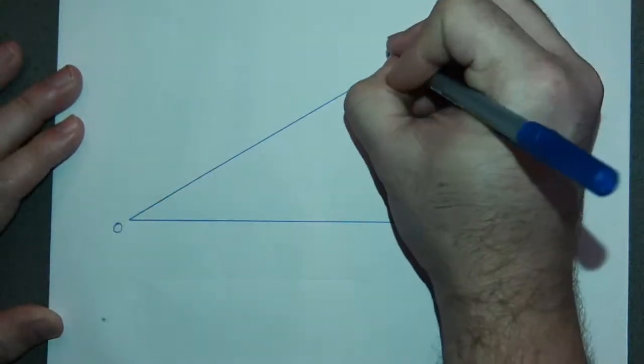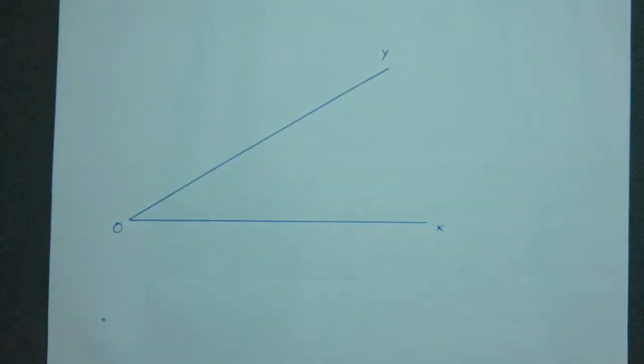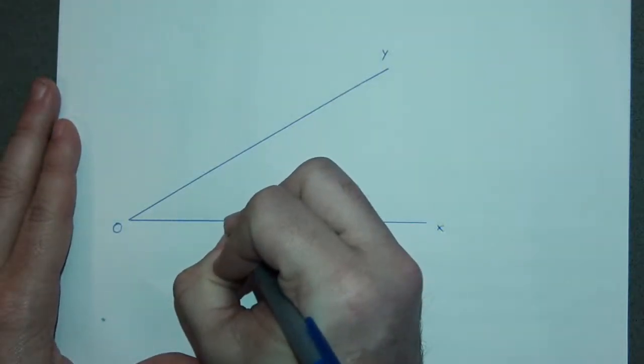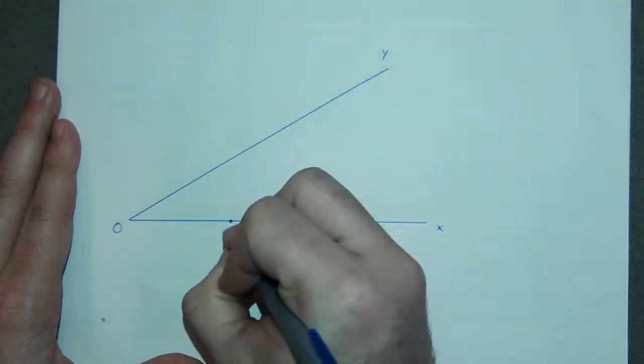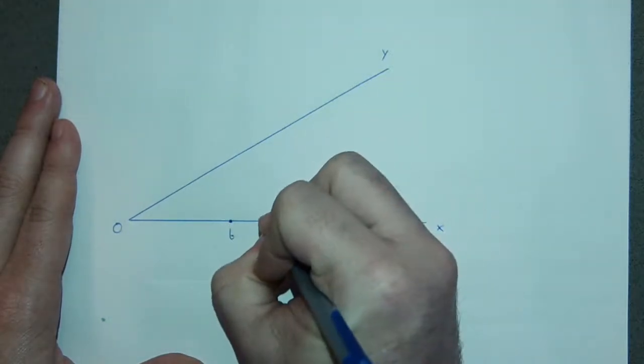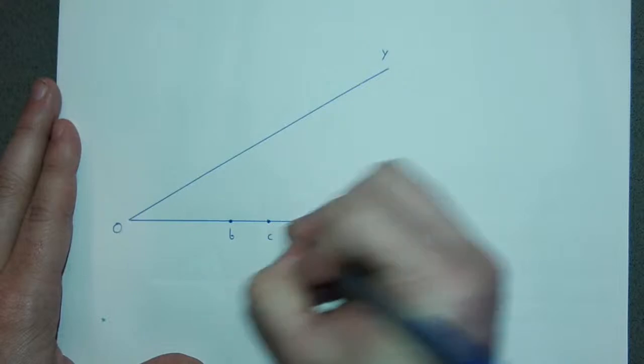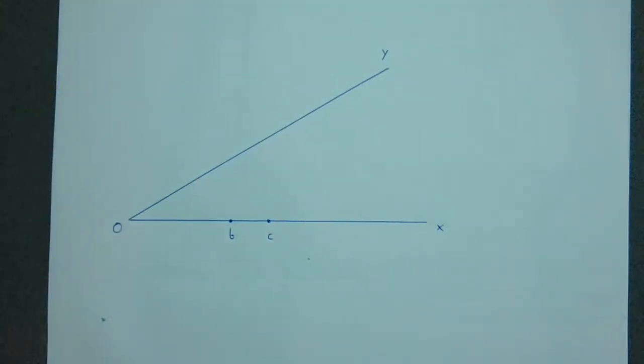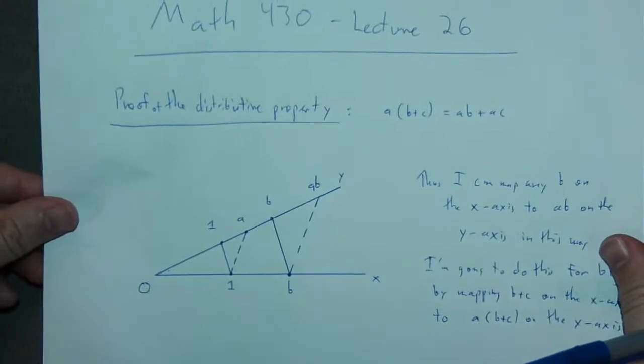Here's their point of intersection. Here's my y-axis. Okay. So now, what do I do? Well, I first have B and C on the x-axis.